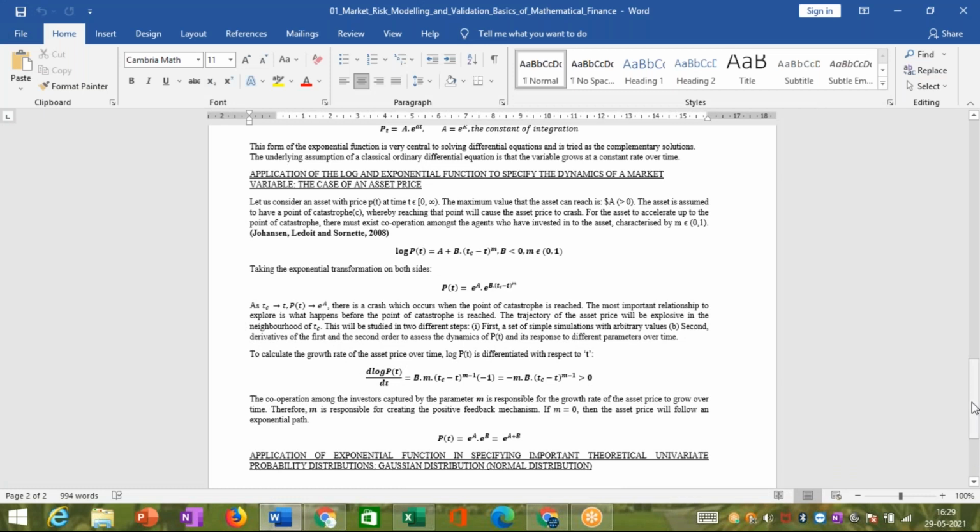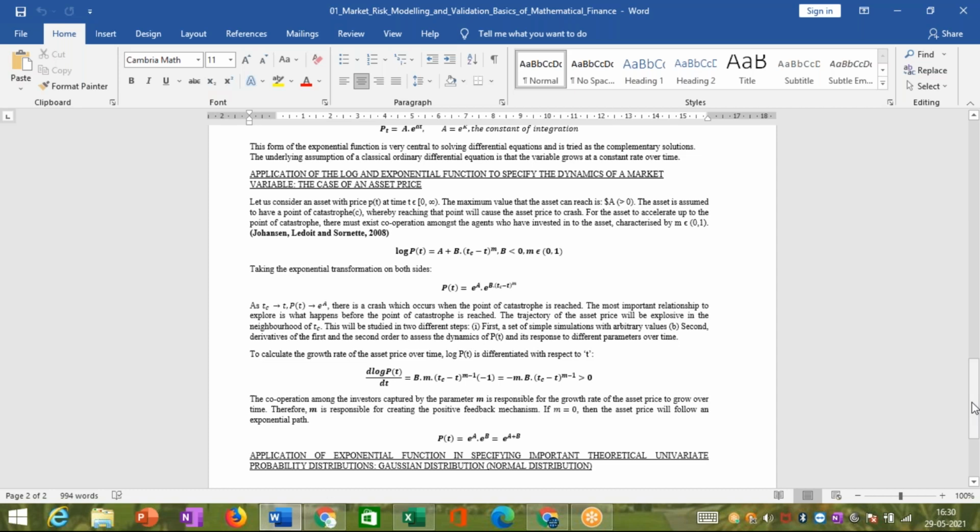Okay, so good afternoon, everyone, and welcome back to a fresh new session on market risk modeling. We were talking about the basic functions, and some important functions, and we were exploring their applications in market risk modeling. If I were to develop a model, or explain a mathematical relationship, then these are the functions that we would be requiring.